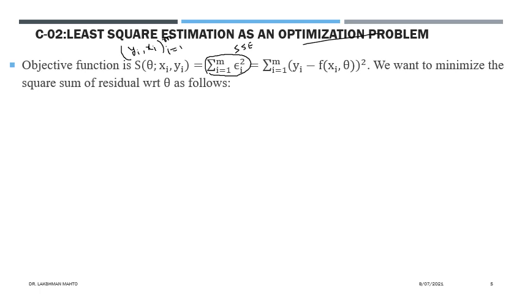So when you are defining your objective function, the data set is just an argument. It is not a variable in that sense; it is fixed. Once we take a sample, it is fixed, it is one kind of argument. But theta is the variable, we have to optimize this function with respect to theta.